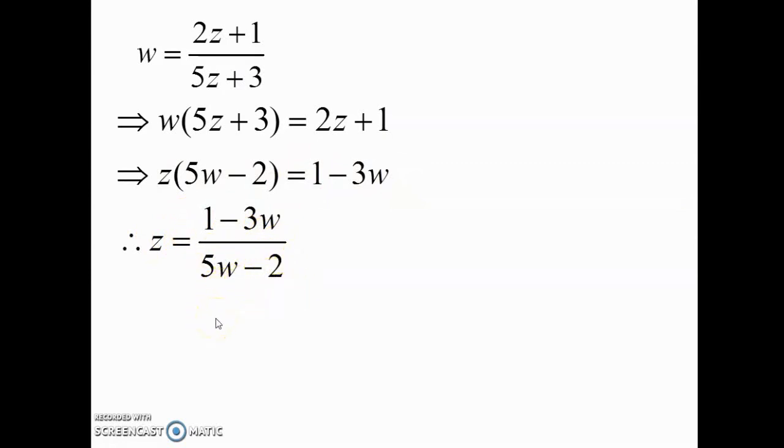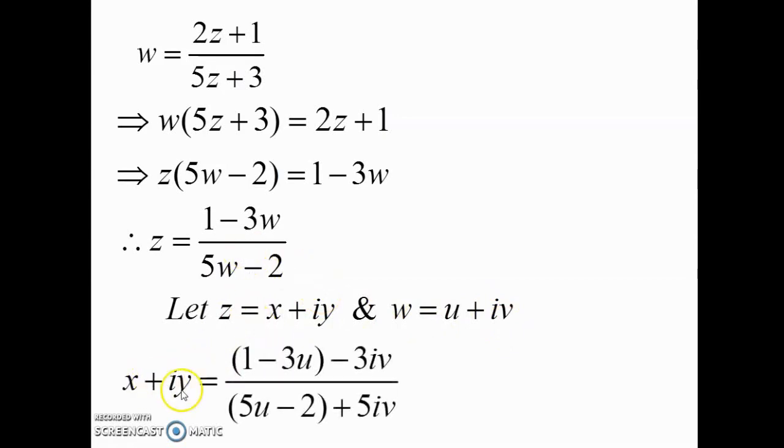Now I am substituting z is equal to x plus iy and w is equal to u plus iv. So we will get x plus iy is equal to (1 minus 3u minus 3iv) divided by (5u minus 2 plus 5iv). Now I am multiplying numerator and denominator by the conjugate of the denominator.